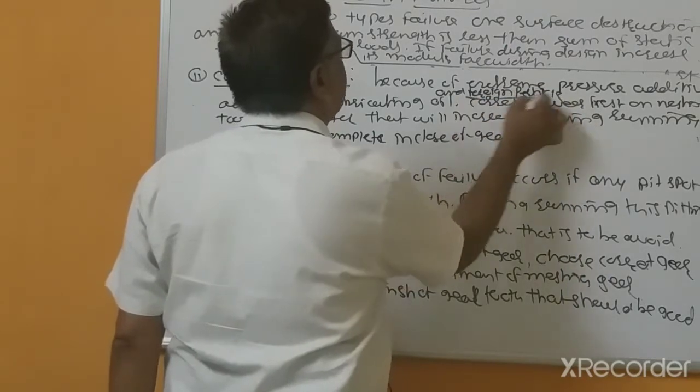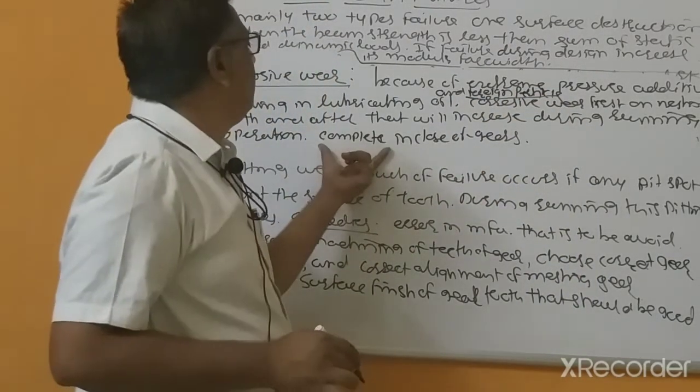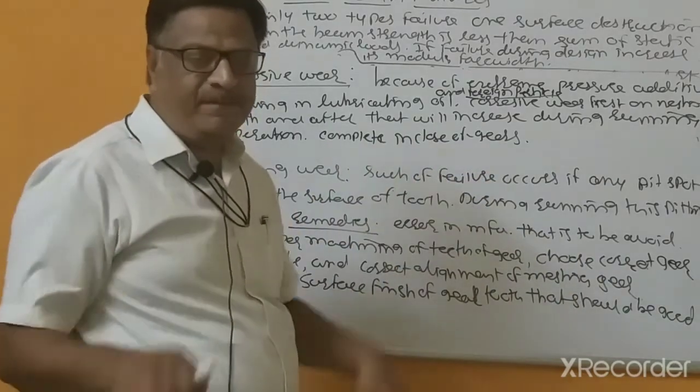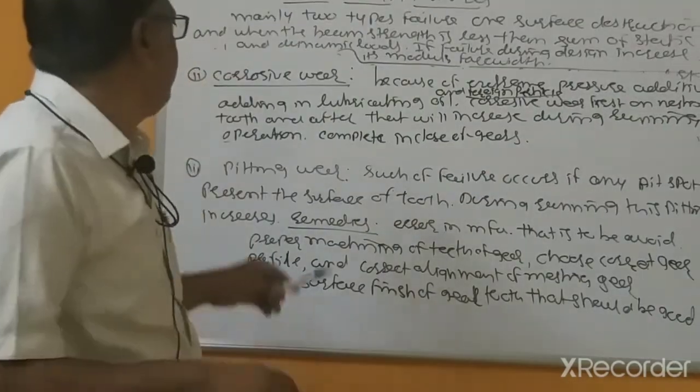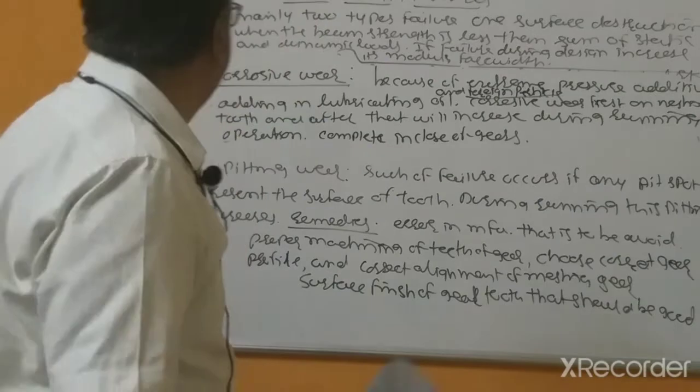For these foreign particles, you can use complete enclosure of the gears, that is, close the gearbox, to avoid corrosive types of wear.